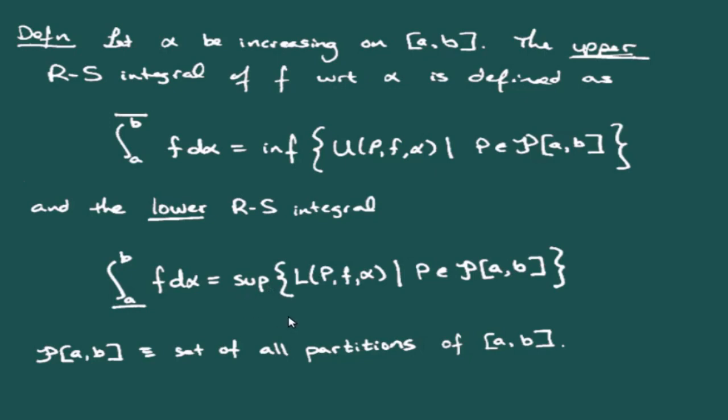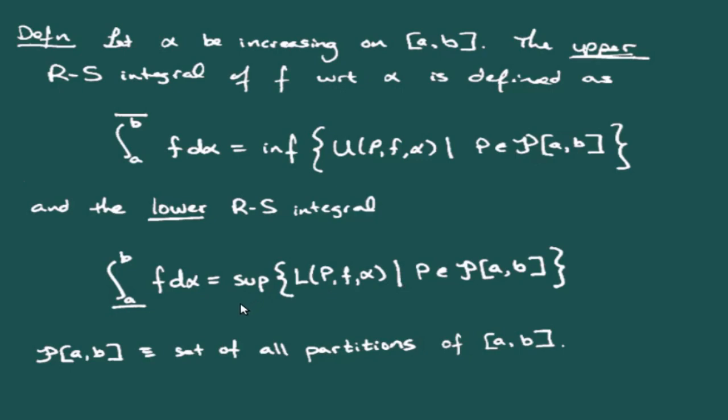And likewise, for the lower Riemann Stieltjes integral, we're looking at the set of all possible lower bounds that we can have on our Riemann Stieltjes sums. For all of those possible lower bounds, we take the least upper bound.